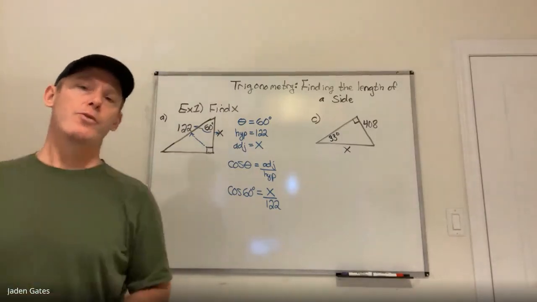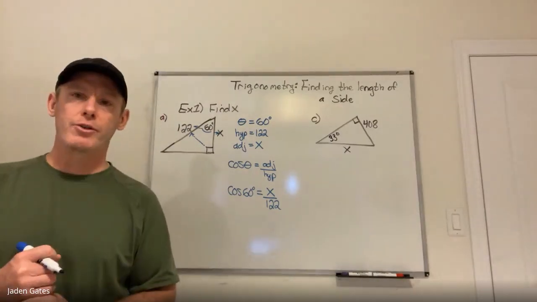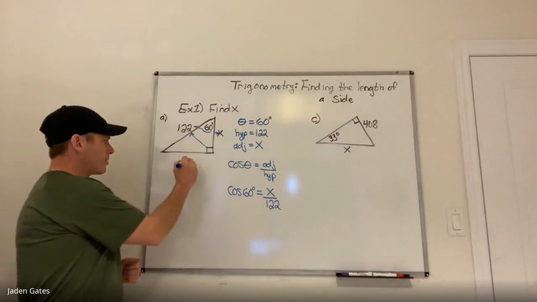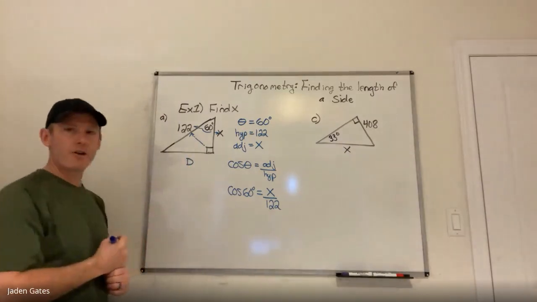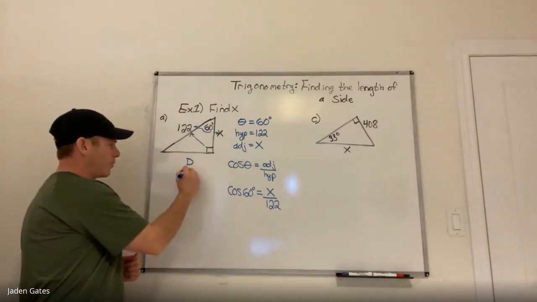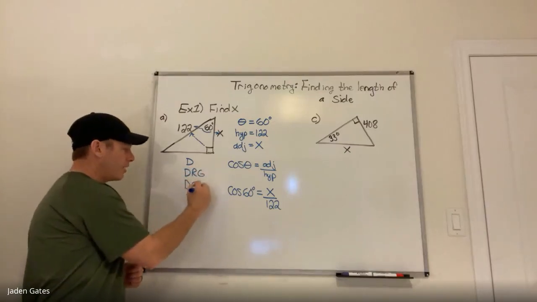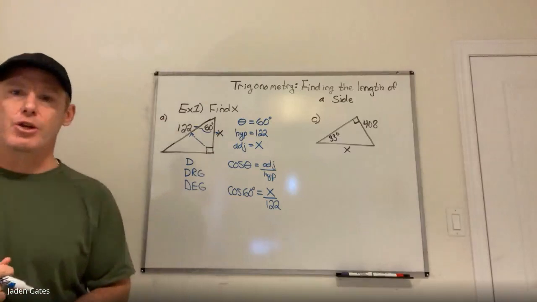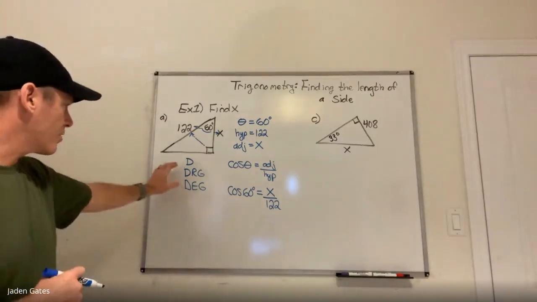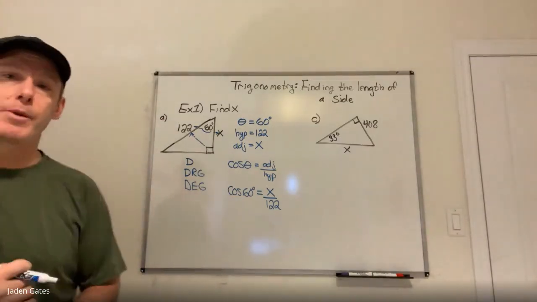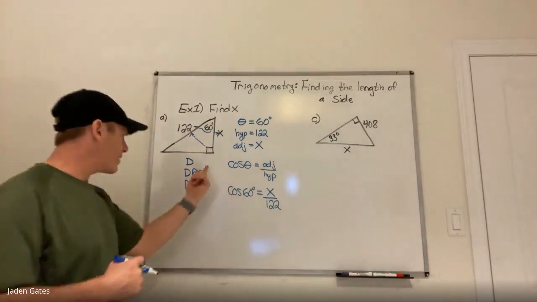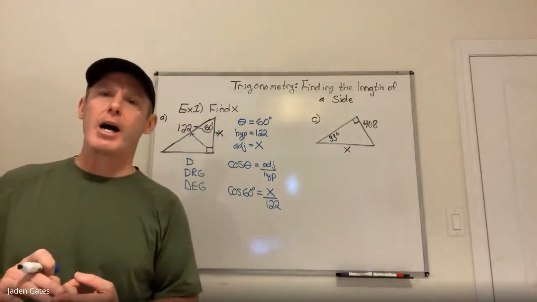But before you even do that, you've got to make sure your calculator's in degree mode, which means there'll be a little D on your calculator. What are the other ones I've seen? DRG, DEG. Those are all the things that you want to have. That's the mode that you want your calculator in. It needs to be in degrees. Now, if it is in the right mode, it doesn't say, what are the other ones?